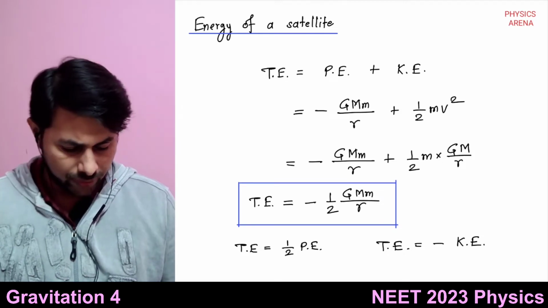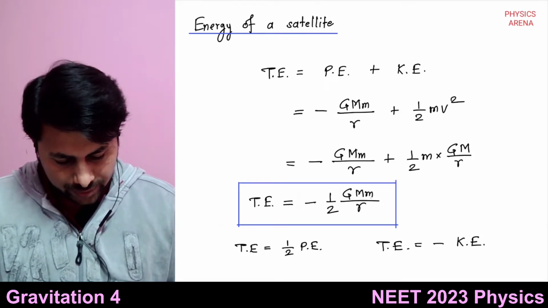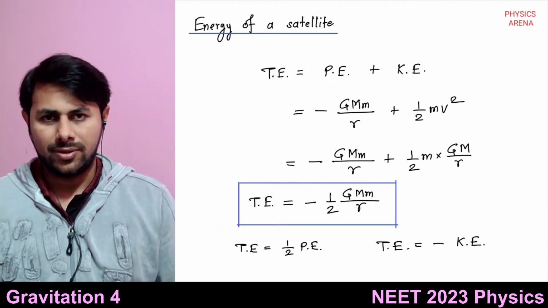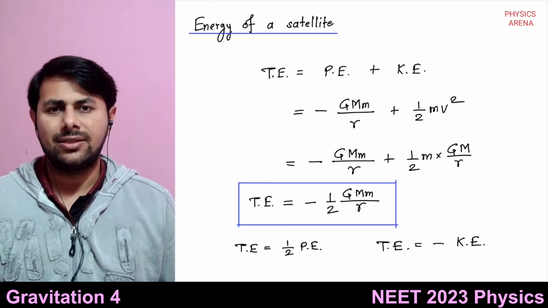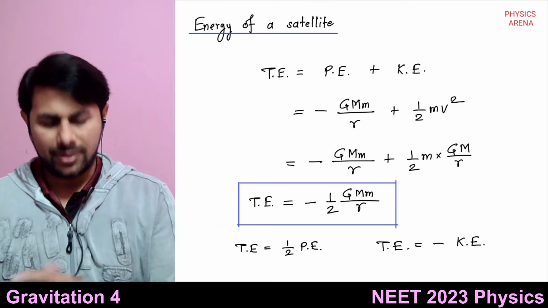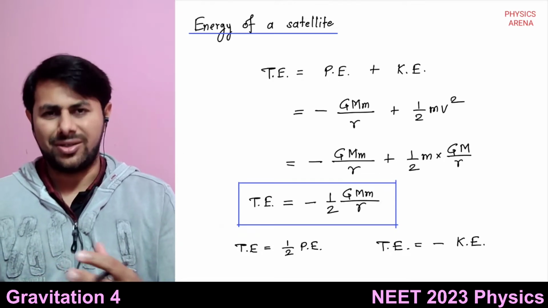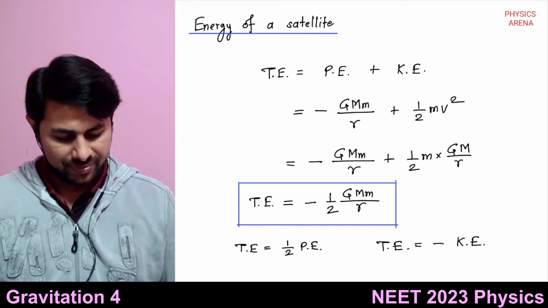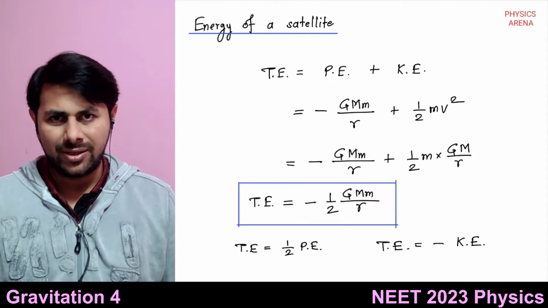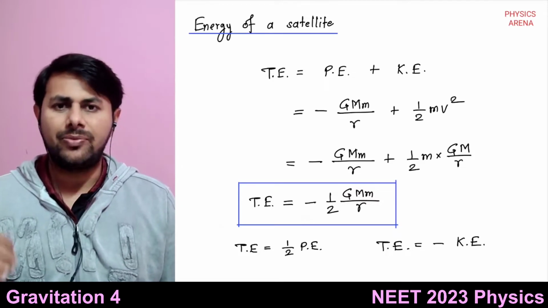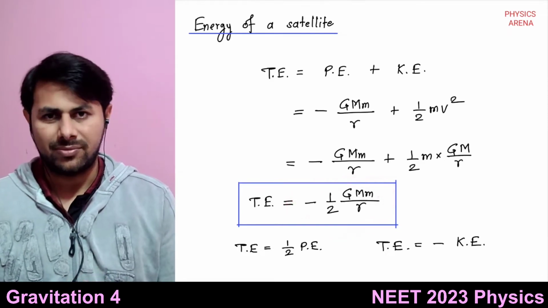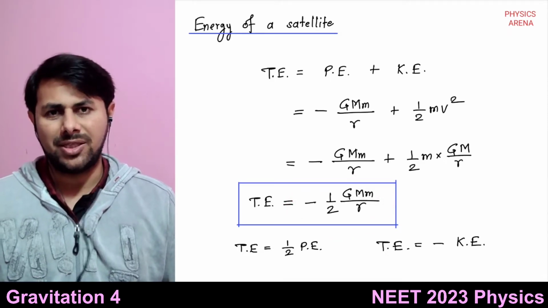Okay. So we have seen why the total energy of a revolving satellite is negative. This negative sign indicates that the satellite is bound with Earth, and in order to make it free from Earth's gravitational influence, we need to provide this much energy.